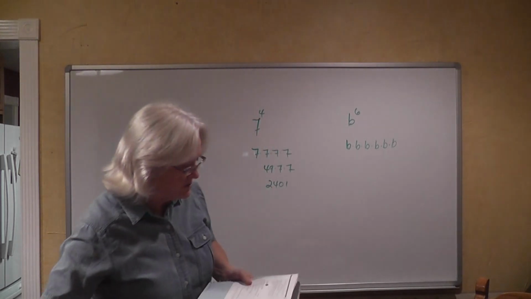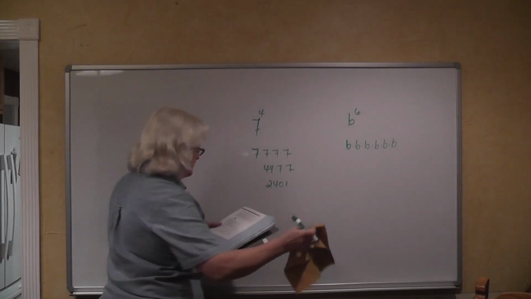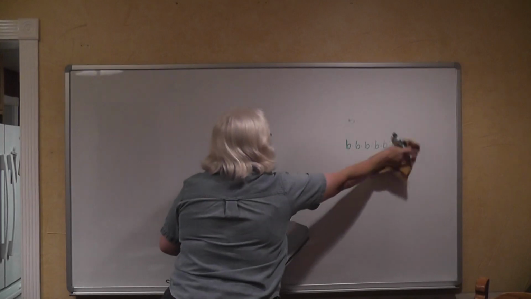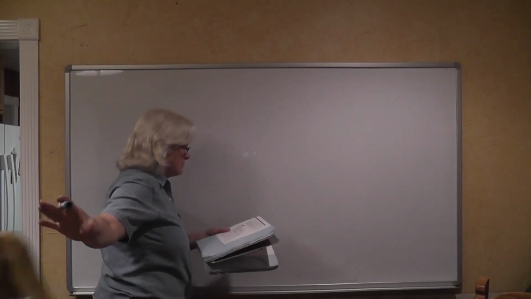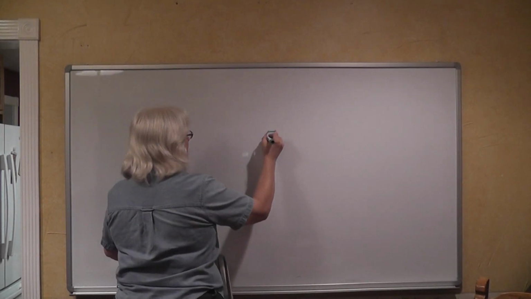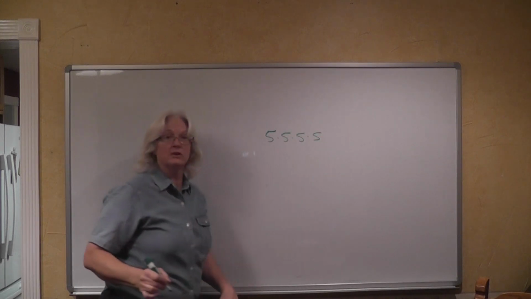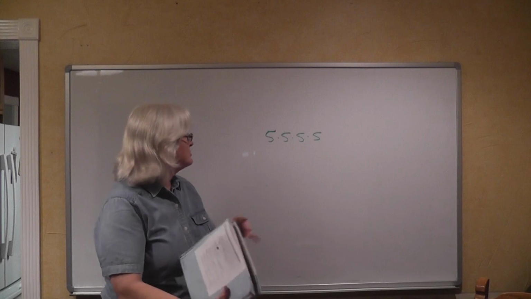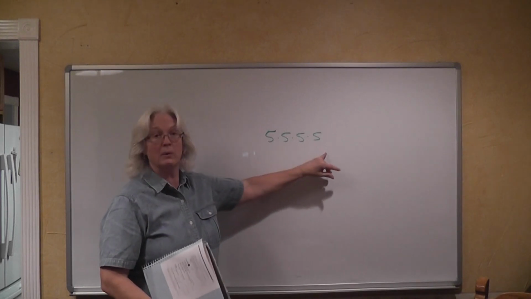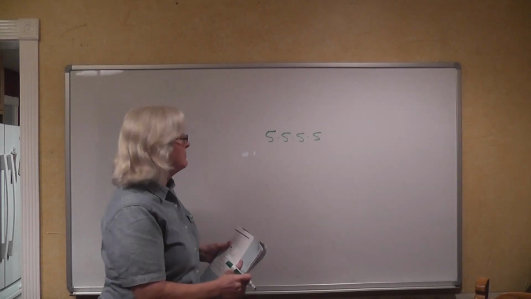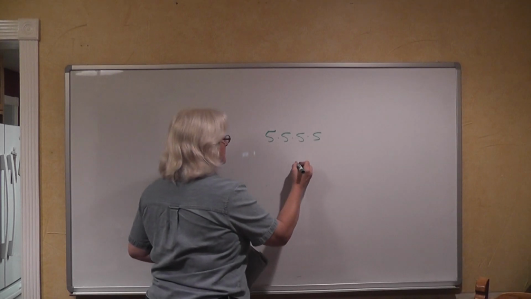Then they ask you to write in exponential notation, and we've been doing this. Here's one. How do you convert this into exponential notation? First, you notice that you have the same number being used as a factor. That becomes your base.